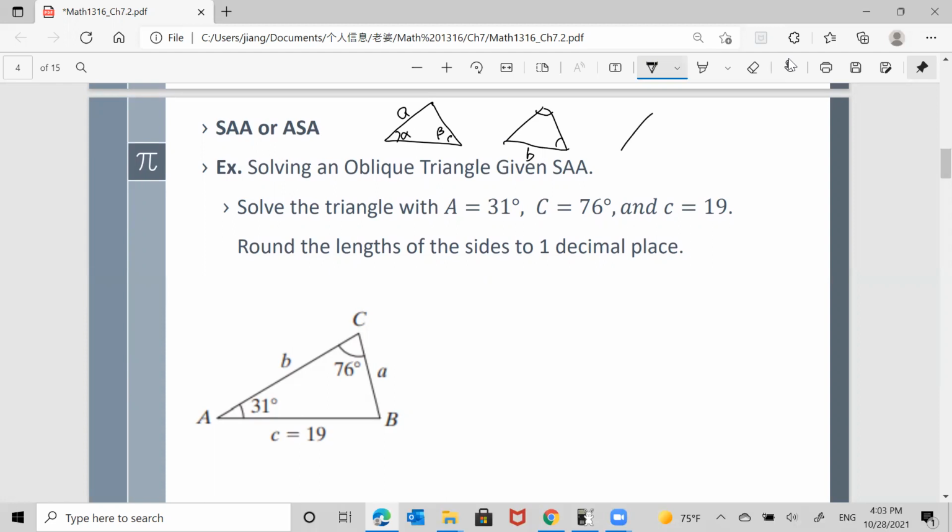Or the opposite way, angle, angle, side. That is the same way to express SAA.